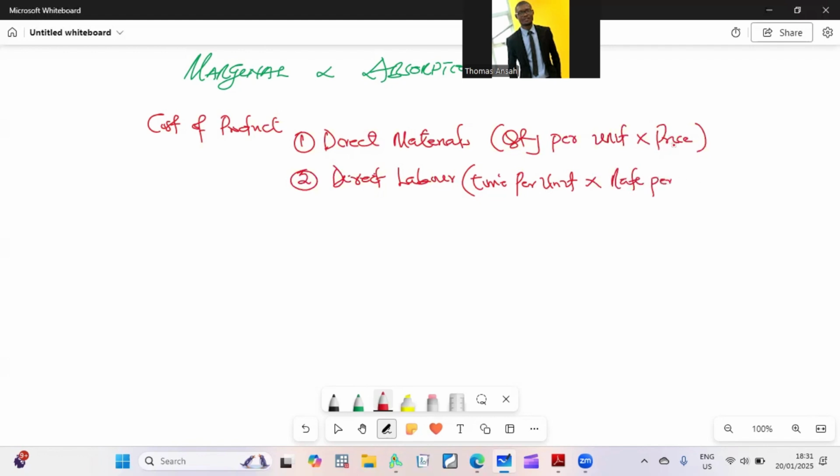So this one too is quantity multiplied by price per unit. The quantity that you produced multiplied by the price per unit.